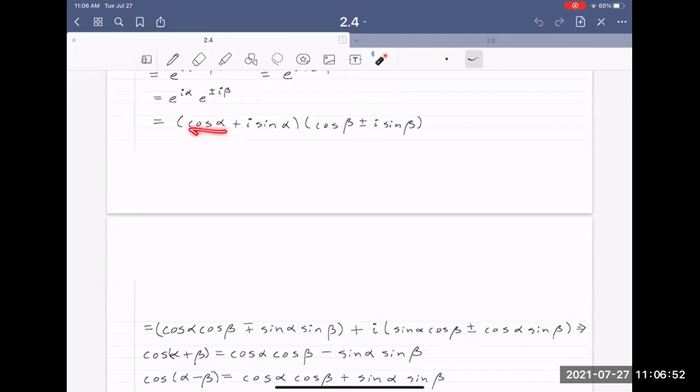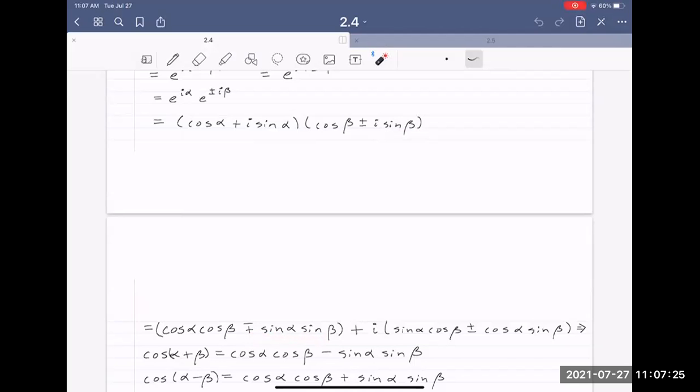Plus i sine alpha times cosine beta. And then i times i is i squared, which is equal to -1, which makes this plus or minus into a minus or plus sine alpha sine beta.